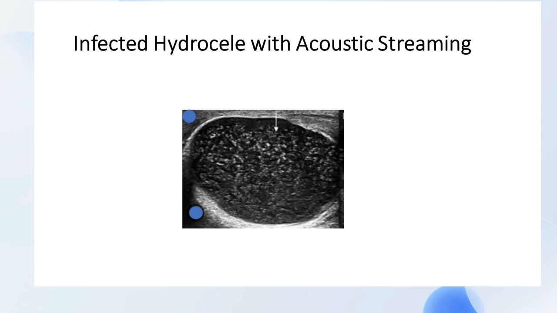So when you have infected hydrocele like this, if you compress a little bit, you can see these internal echoes start to move. When these internal echoes are moving, we call this acoustic streaming, or some call it snowfall appearance. It appears like snow that is falling. They'll be whirling around like that. So this is infected hydrocele.